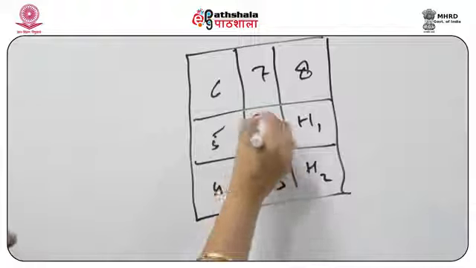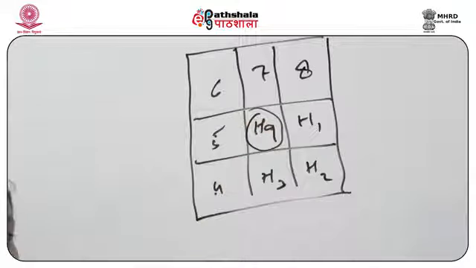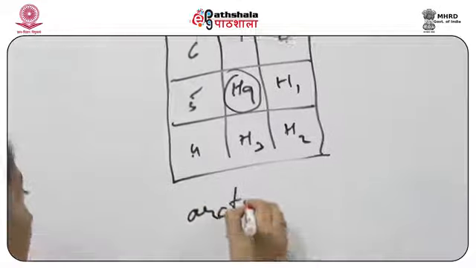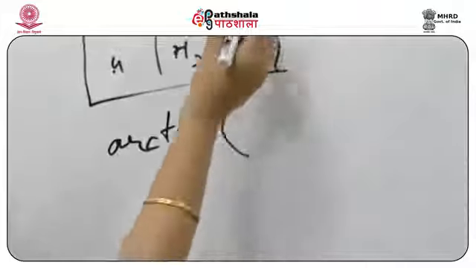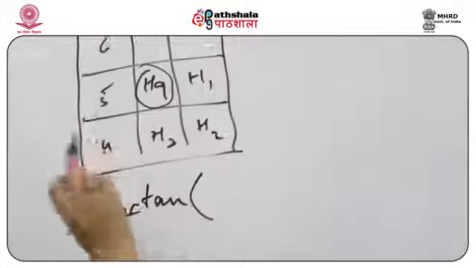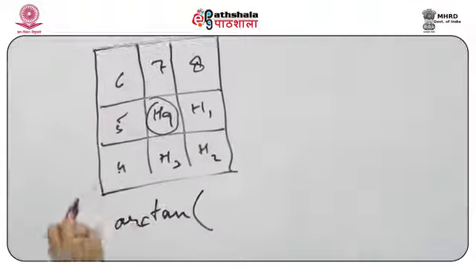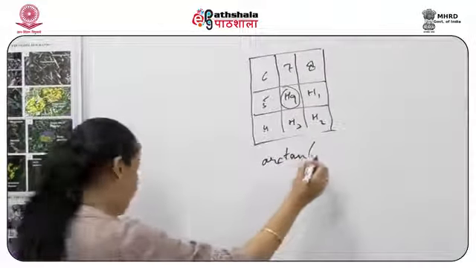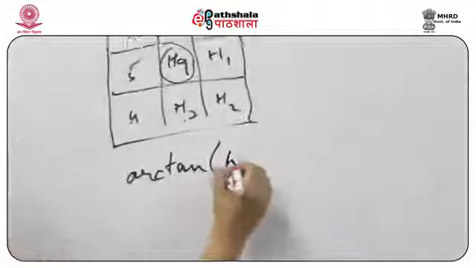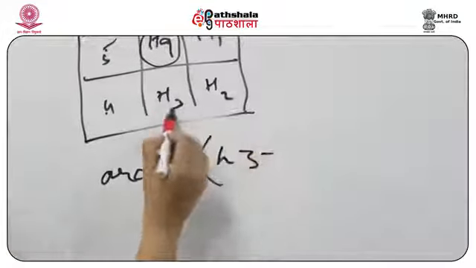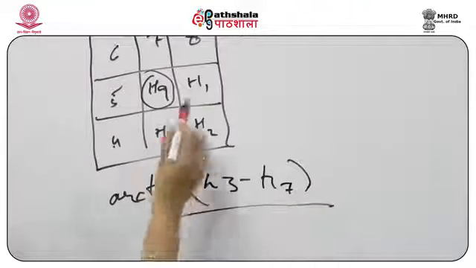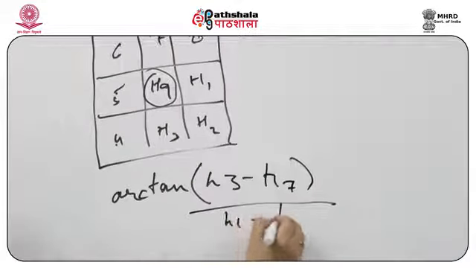So how do we calculate the aspect for this cell? Our simple formula for aspect is arctan of, remember the slope was tan inverse of A upon B, so rise upon the base. So here we have arctan of H3 minus H7 upon H1 minus H5.